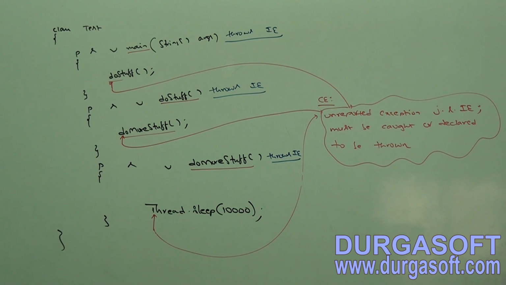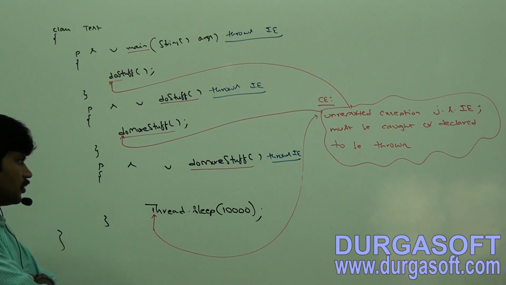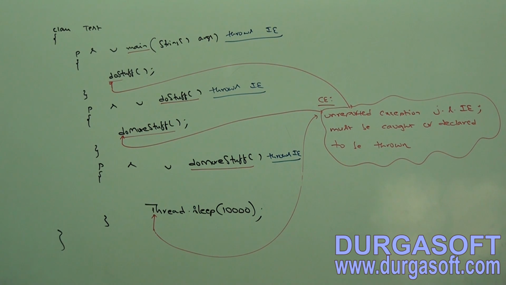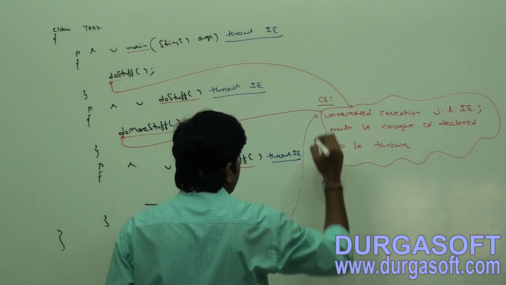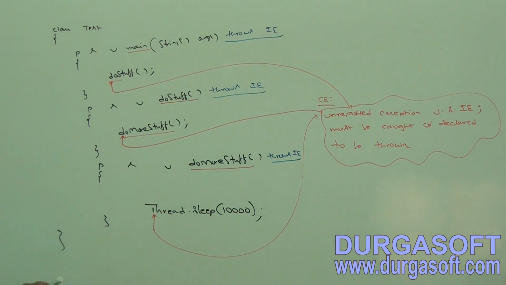Completed, right? If we remove the throws in do more stuff, we are going to get a compile time error saying unreported exception.